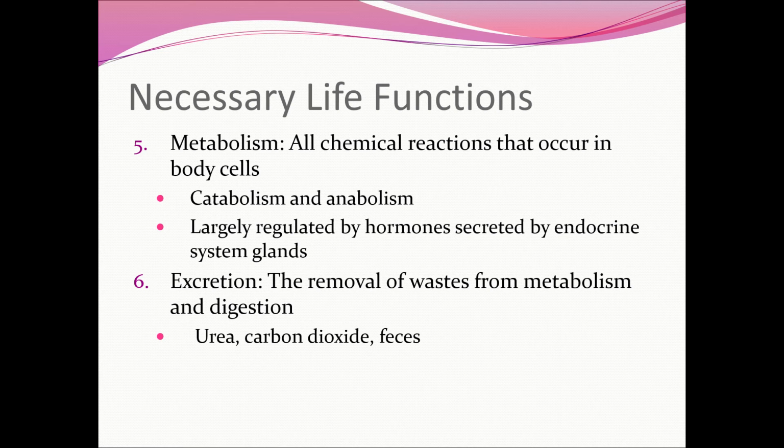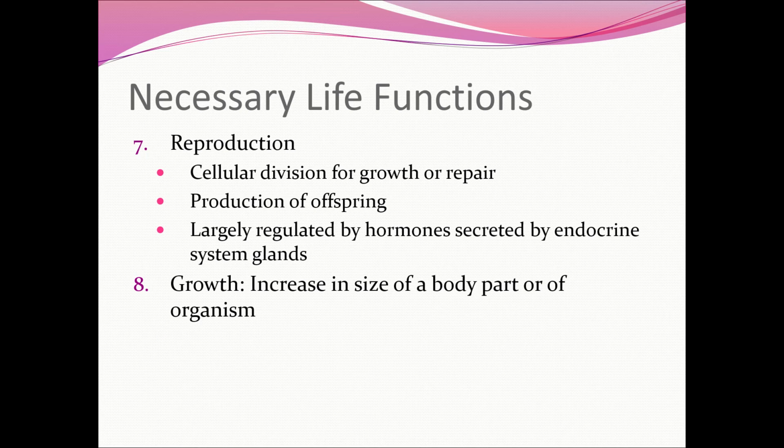The sixth function is excretion, which is the removal of waste from metabolism and digestion. And these waste products include urea, carbon dioxide, and fecal matter. If waste builds up in the body, it can be deadly for the organism. Number 7 is reproduction.